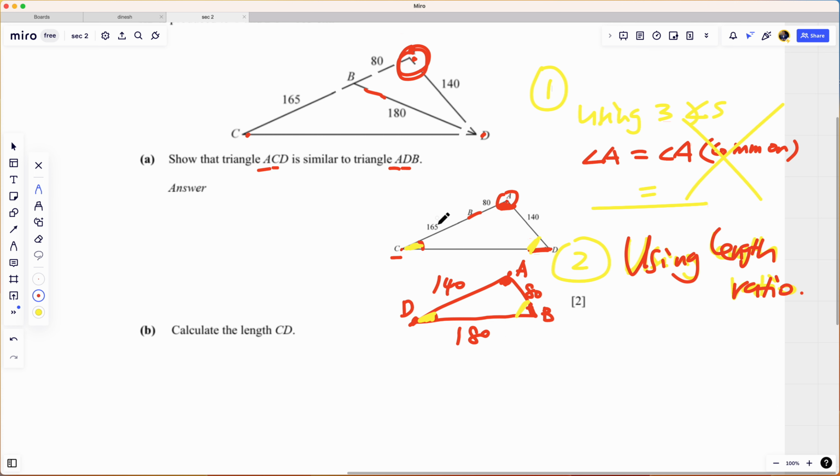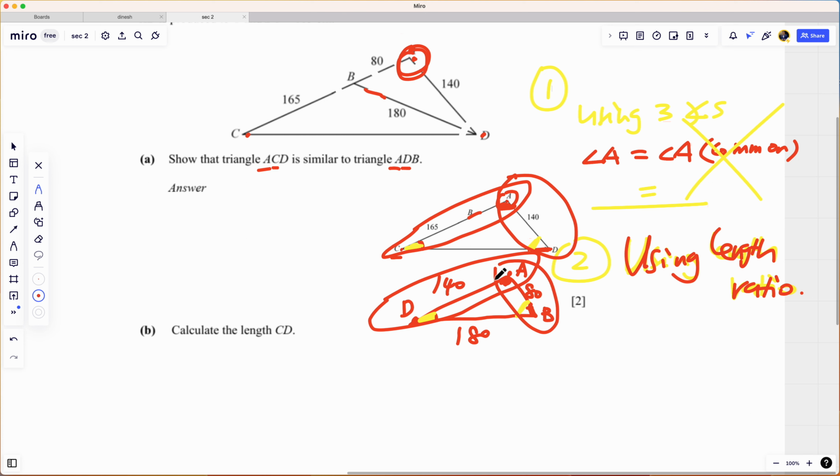Can you see that this AC is 165 or not? And this AC matches with AD, right? And then this AD matches with? Okay, so I'm going to use length ratio.